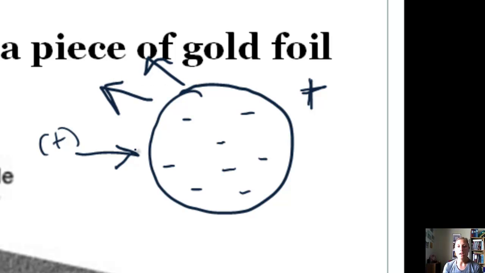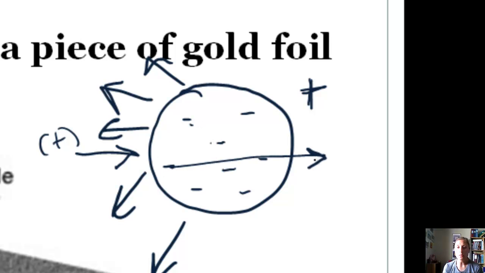And so we would expect all of those alpha particles to reflect back towards the emitter. The very few alpha particles that hit these electrons are going to be allowed to go through because they're going to attract to the negative. So we would assume that we'd have a few alpha particles over on the other side, but most of them are going to reflect back toward the emitter.